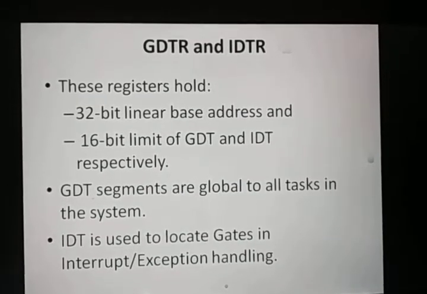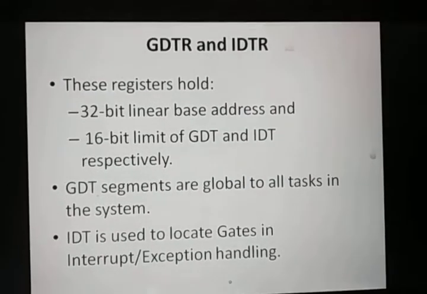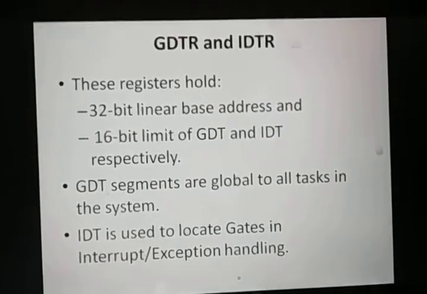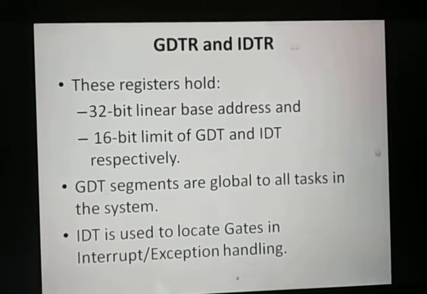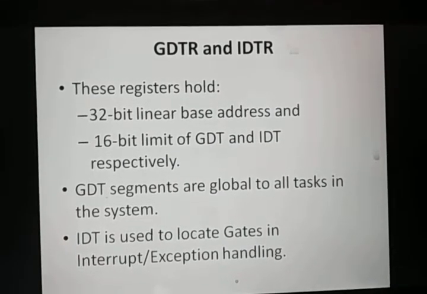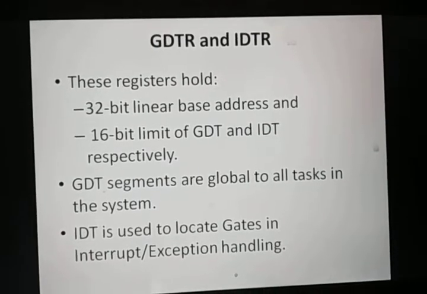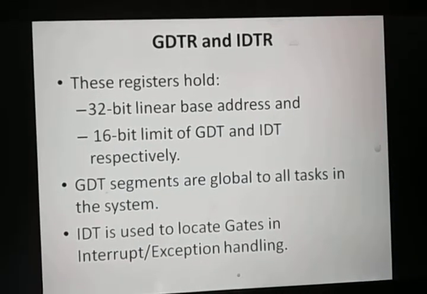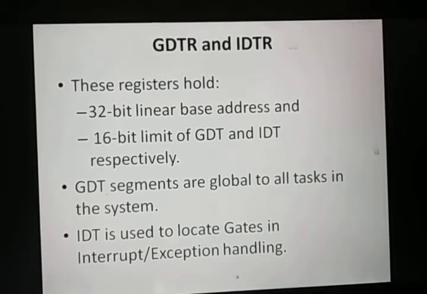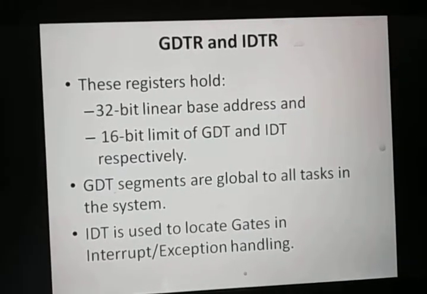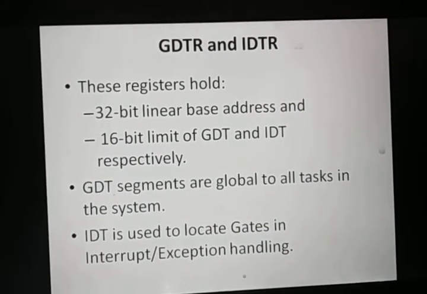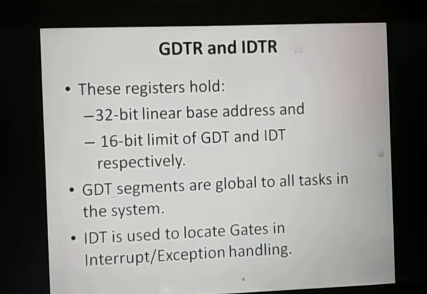GDTR and IDTR. So the first topic is GDTR and IDTR. We have discussed in the previous lecture that GDTR contains the information related to the global descriptor table, that is, the base address field and size of the global descriptor table. The same thing applies to the IDTR, the interrupt descriptor table register.